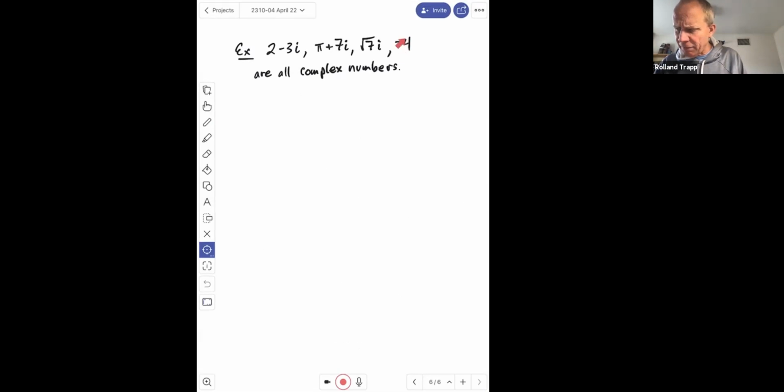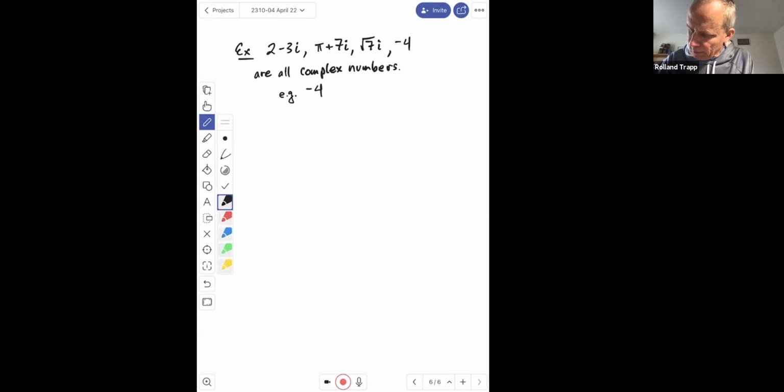So what about this -4? How is that a complex number? -4 is in the complex numbers because -4 is equal to -4 plus 0 times i.